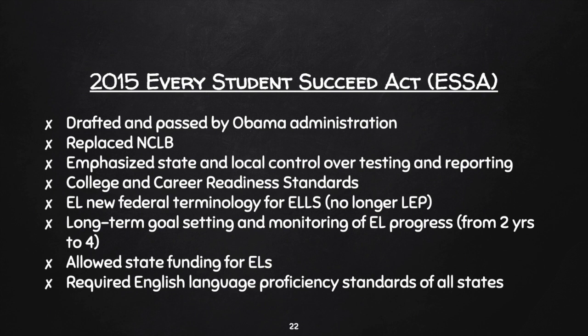So again, with the Every Student Succeeds Act, you see kind of a removal of federal authority in state and public education. They're granting control back over to states and local agencies over how are you going to test? What are you going to test? How are you going to report what you're testing?